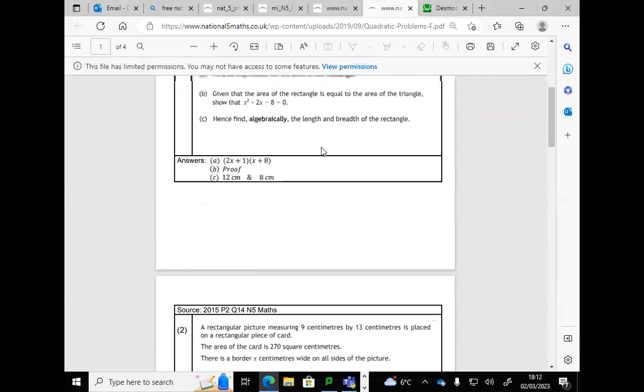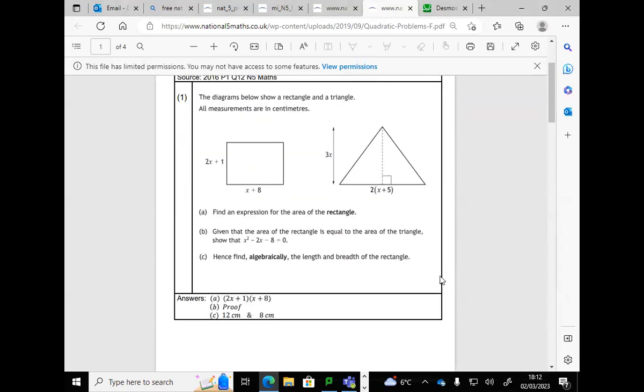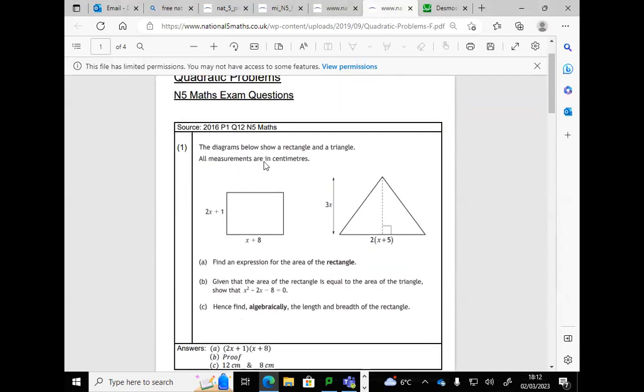If you've not got it, I'll put it up on the board anyway, and you can copy the questions down. Let a few more people jump in, two seconds.